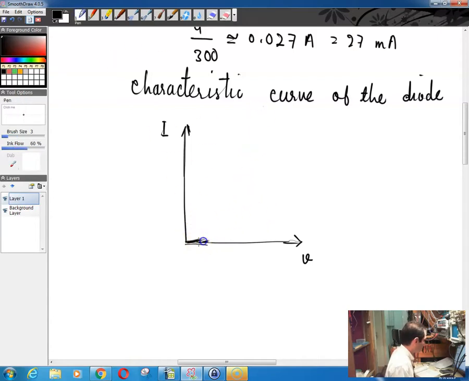If you take this as, for example, 1 volt, and take this as 2 volts, about this is 0.5 volts, and this is 0.7 volts. So you're going to have some curve like this.